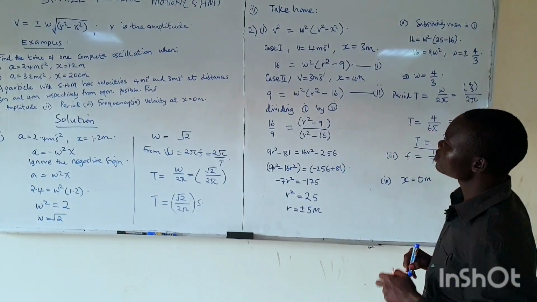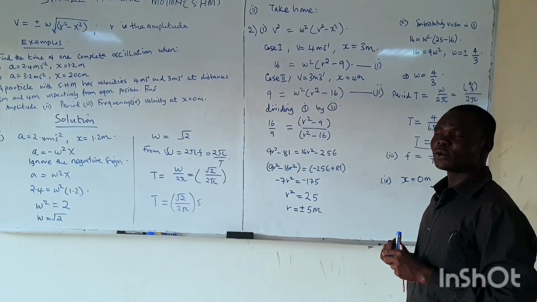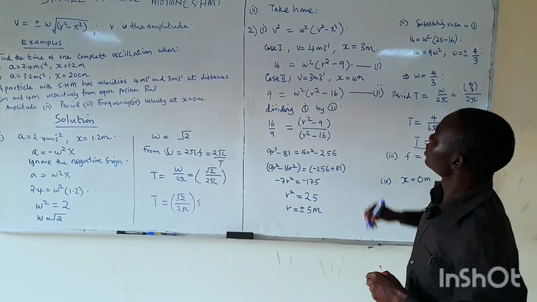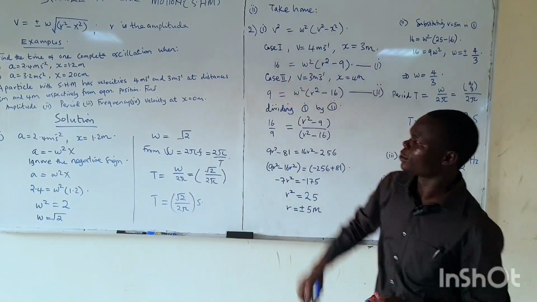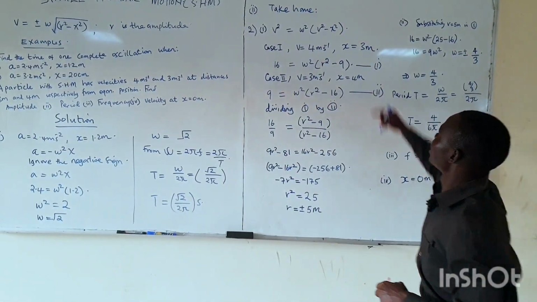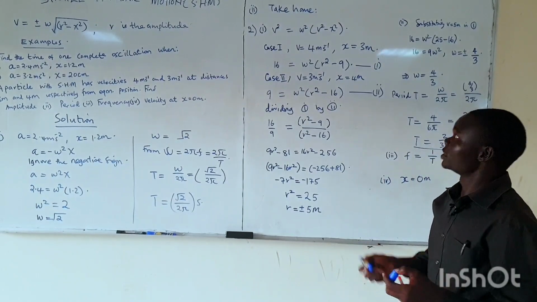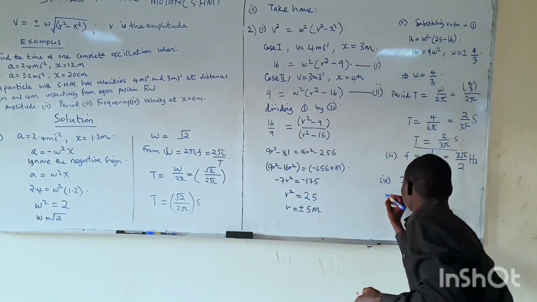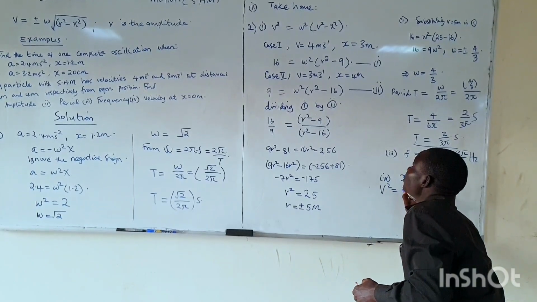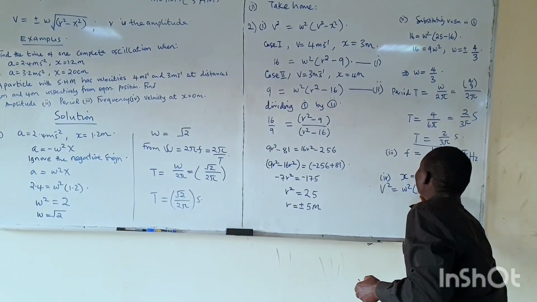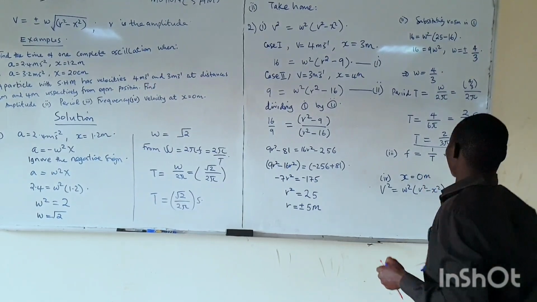Let us go to Roman number 4, that we should get the velocity of the simple harmonic motion at x equal to 0. Actually, this x, earlier on we said, is the displacement of the particle from a fixed point. So if x is equal to 0, let us go to our general equation for velocity, which is this one. v squared is equal to mu squared into bracket r squared minus x squared.